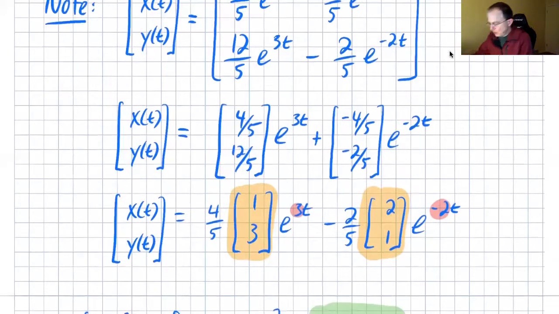So you can compute the eigenvalues, 3 and minus 2, get the eigenvectors 1, 3, and 2, 1, which I didn't explain how to do, but it's a standard thing that you learn in the linear algebra class. And then after that, use the initial conditions to determine these numbers here.